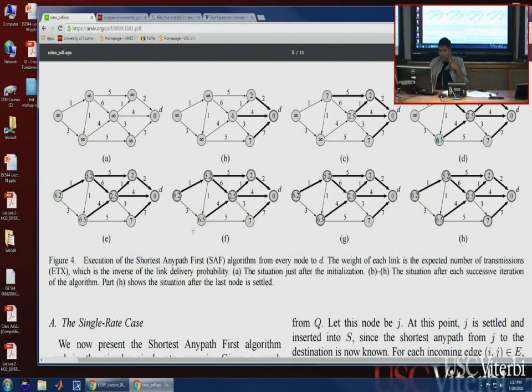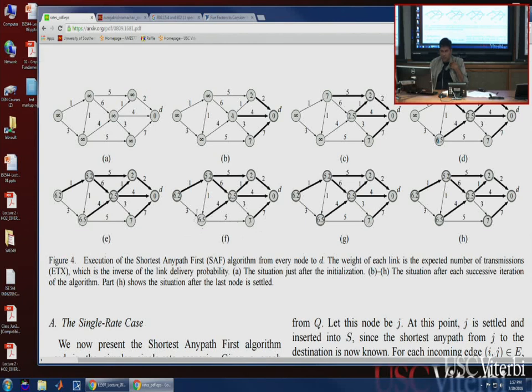That leaves only these 2 nodes, 6.5 and 7, as their current distance to the destination. So this node gets pulled in next. It also has no existing node that is not already kind of solidified, if you will. Everything that moves into S cannot be changed again. So it also does not require any additional updates. And then finally, you're left with node 7, and that also requires no further updates.